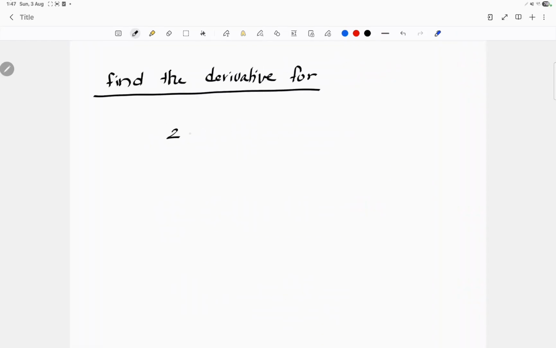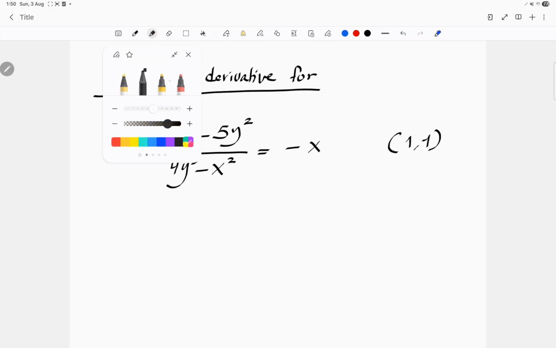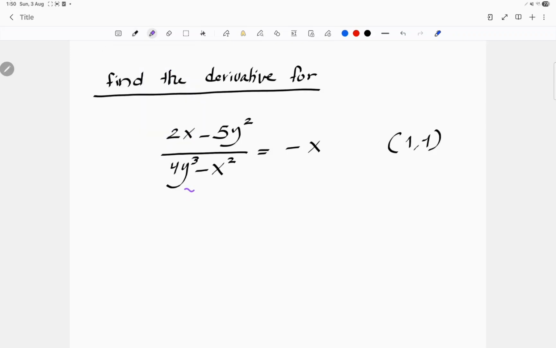So we have 2x minus 5y squared over 4y cubed minus x squared is equal to minus x. Find derivative of this expression at 1, 1. So I'm going to start by cross multiplying, meaning that I will have to multiply this by that and then this by that.